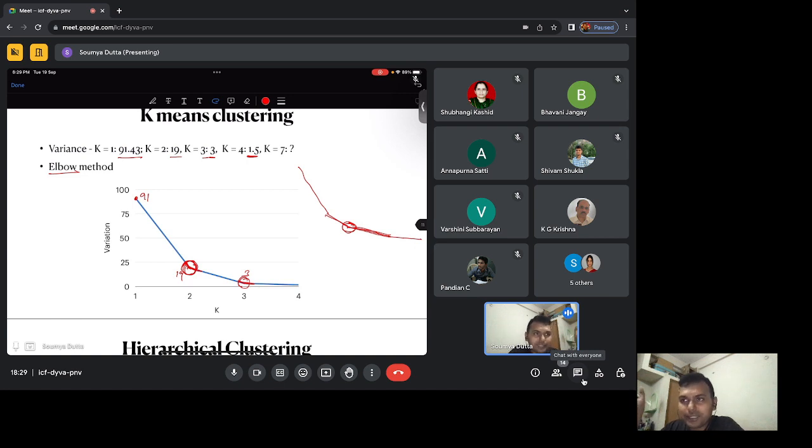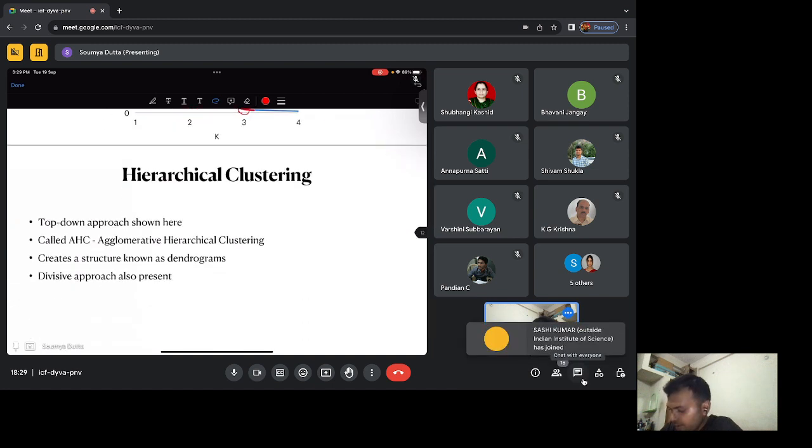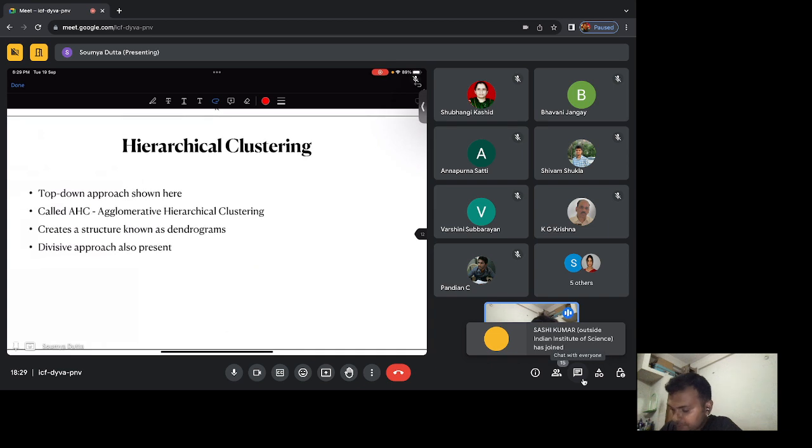There are many other ways also. There is something known as mutual information, that is also there. Some correlation-based measures are also there. This is a very simple measure and this works just fine. So that is about k-means clustering. It's a very simple algorithm, but it's very effective.